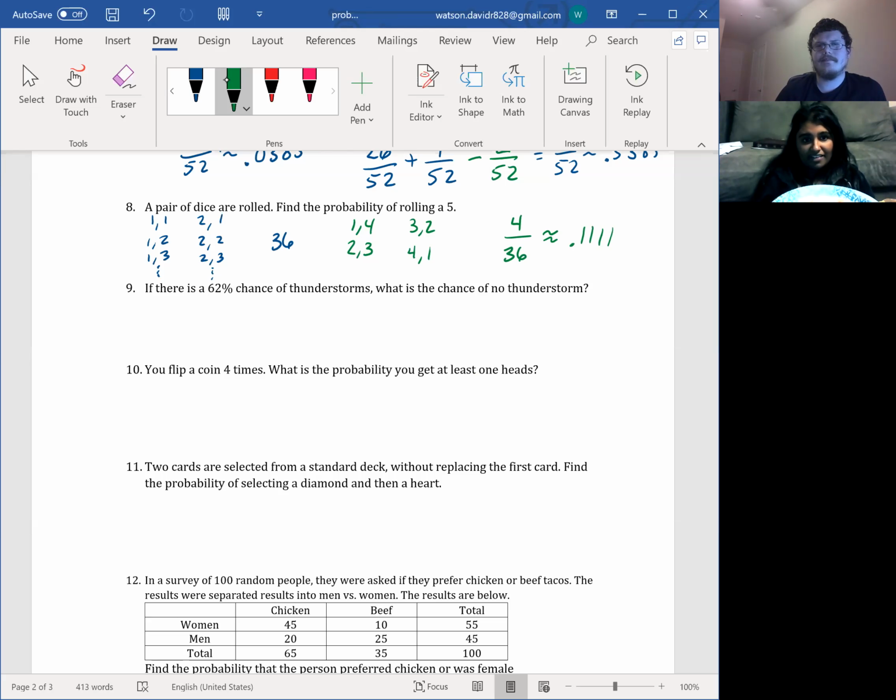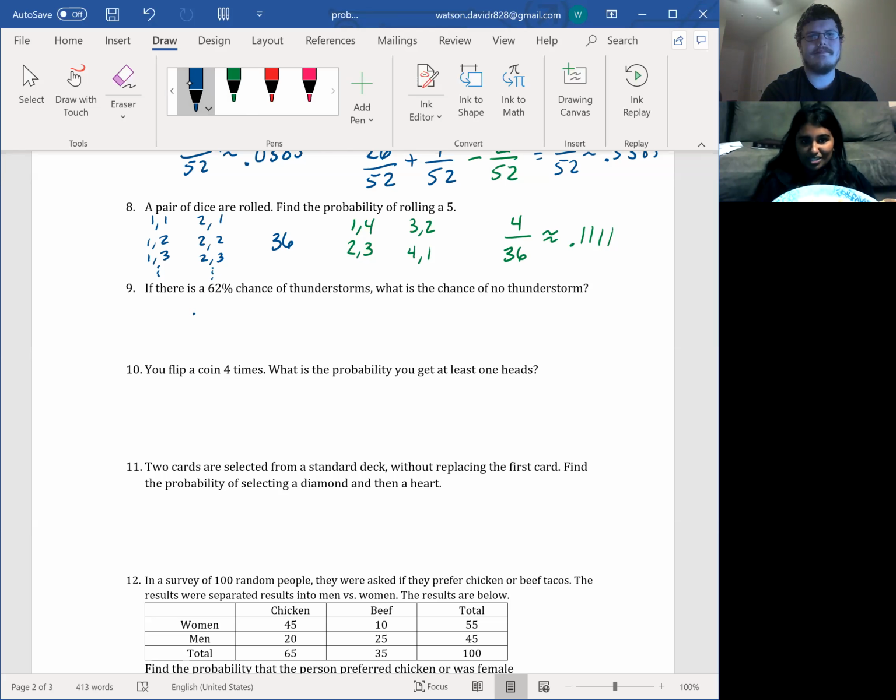Number 9. If there is a 62% chance of thunderstorms, what is the chance of no thunderstorm? So remember, it's the opposite, just like our universe. So the total, if you remember, is 100%. If it says 100% chance of thunderstorm, you're for sure it's going to rain, except in Houston, because Houston's kind of weird.